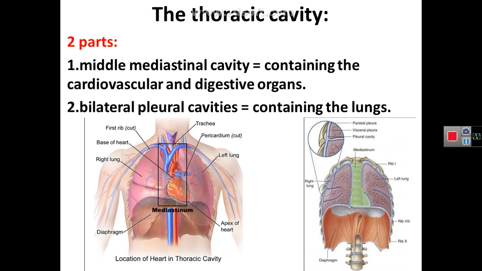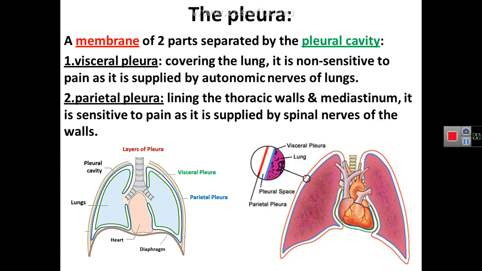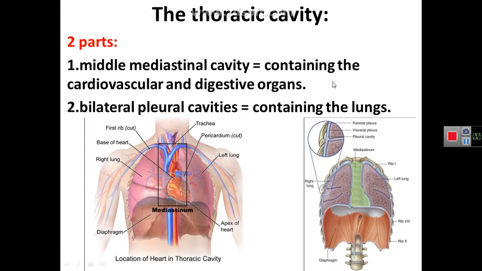The next topic will be about pleura. And the pleura should be considered as part of the thoracic cavity. We have to define that the pleura is the bilateral cavity inside the thoracic wall.